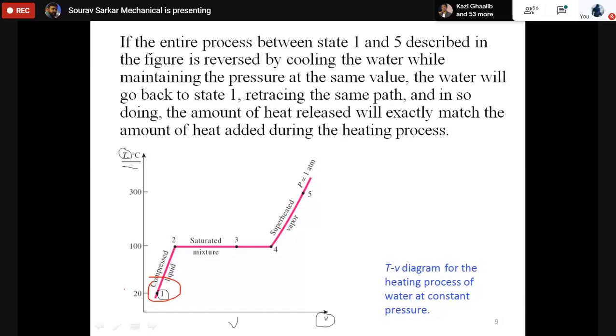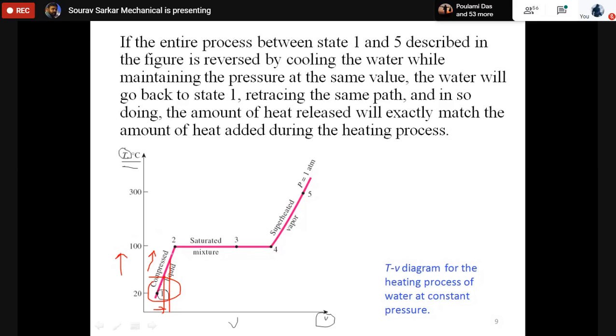As you heat it, there is a slight liquid volume expansion, and there is also an increment of temperature, gradually 20, 30, 40, 50, 60.